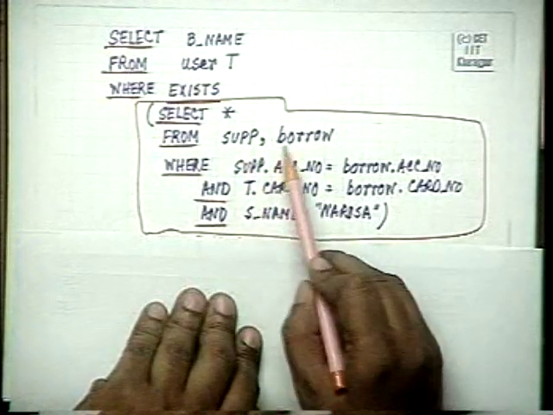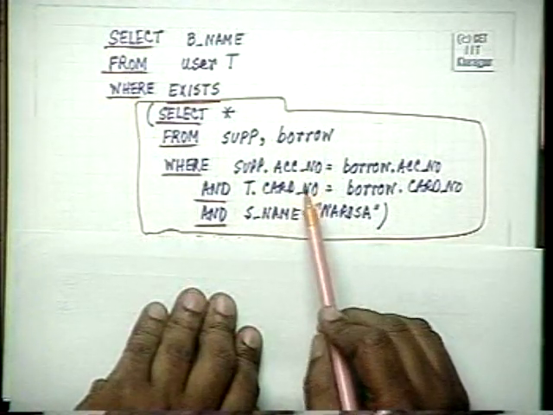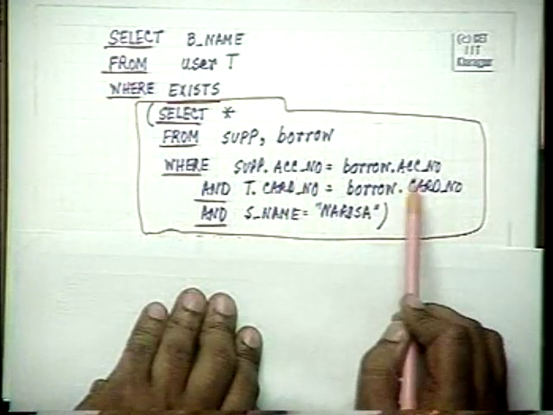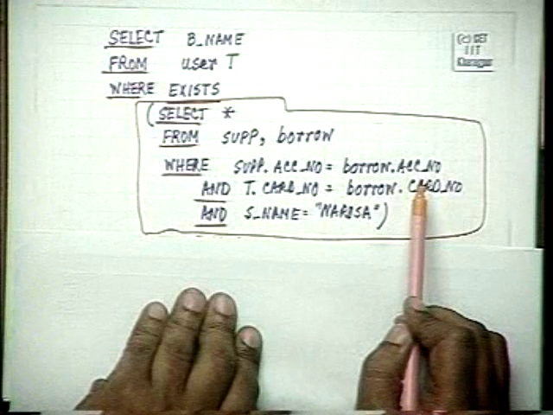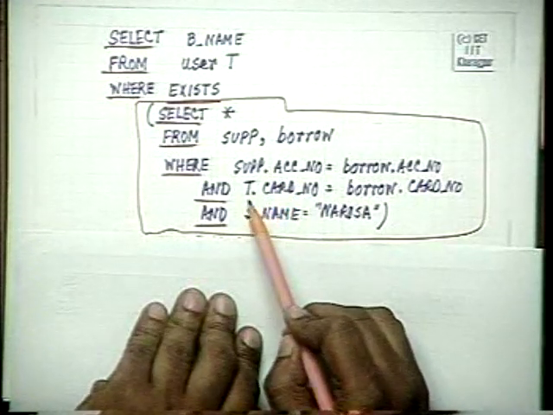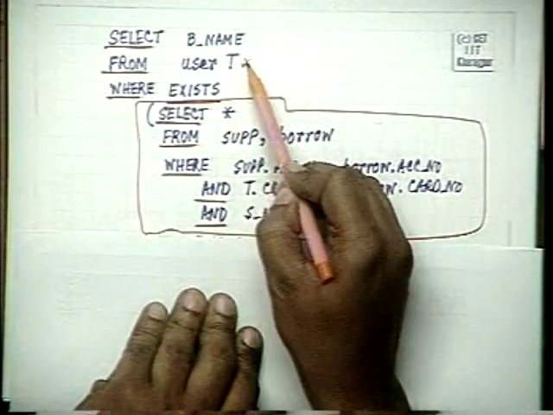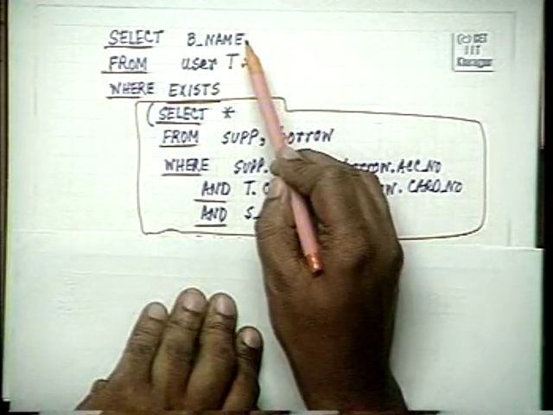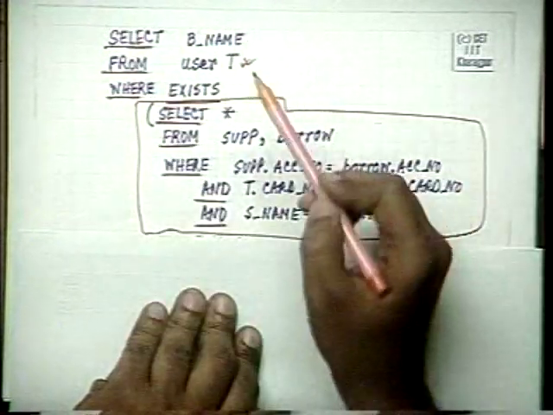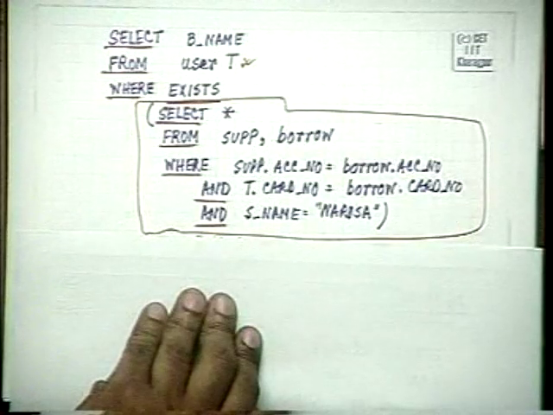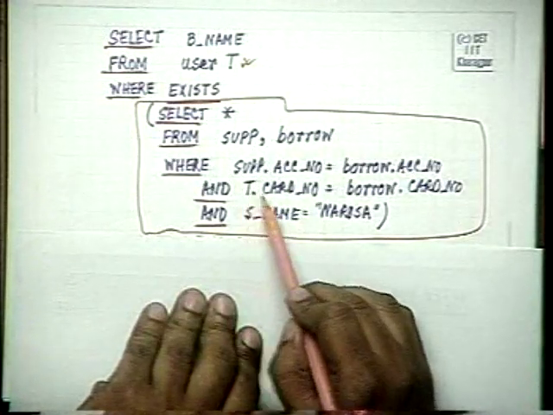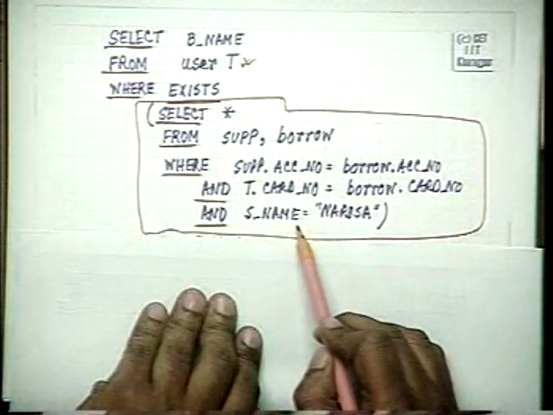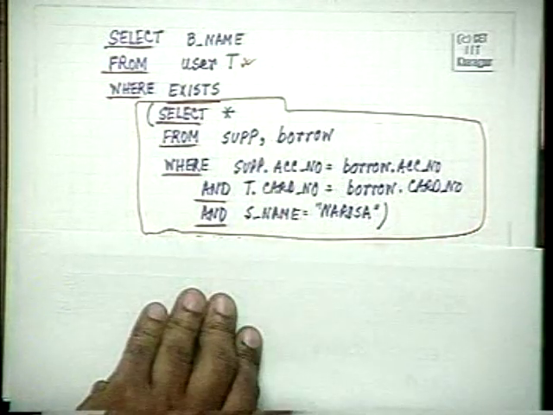Supplier and borrow have accession number as the common attribute. And T dot card number, T is this fellow. So suppose in my whole answer the name Vijay is there. Then for Vijay, Narosa has supplied some book.